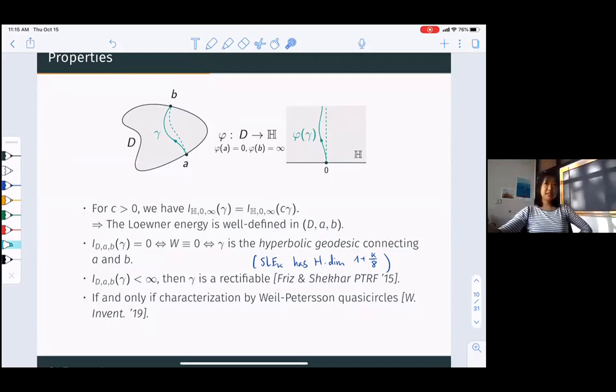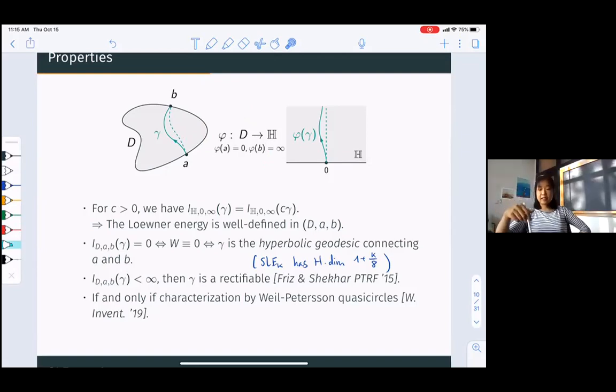For a simply connected domain, the hyperbolic metric is the metric which is invariant under conformal automorphism. So on the left-hand side, the Loewner energy is 0 if and only if gamma is the hyperbolic geodesic in the simply connected domain D. Or you could just take as definition that the hyperbolic geodesic is the pre-image of the imaginary axis by this conformal map phi.